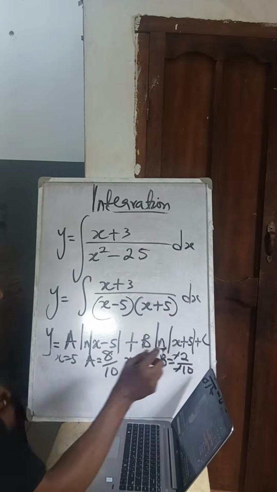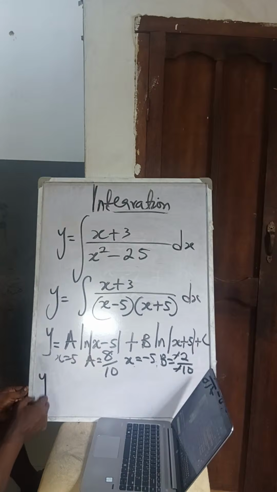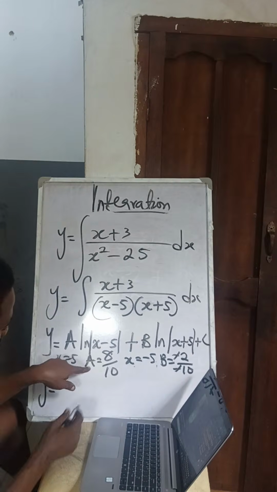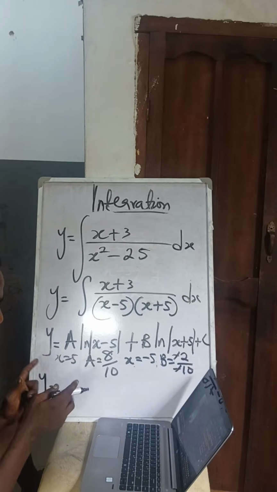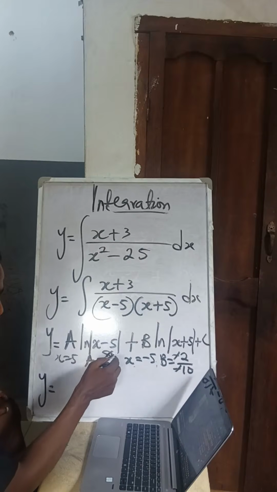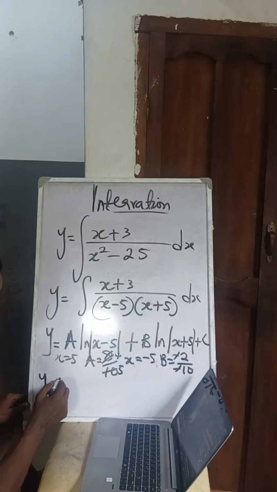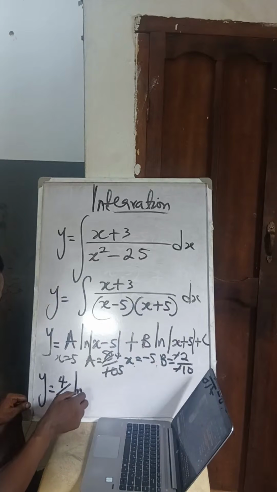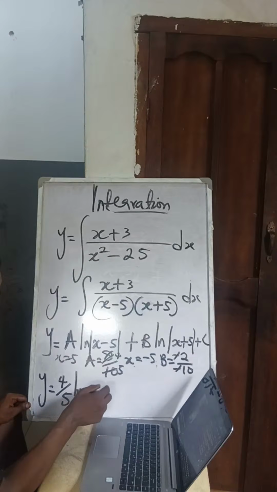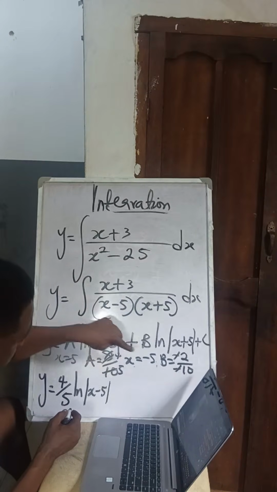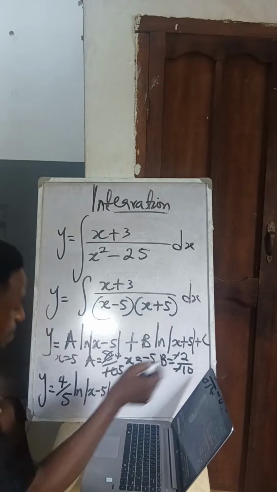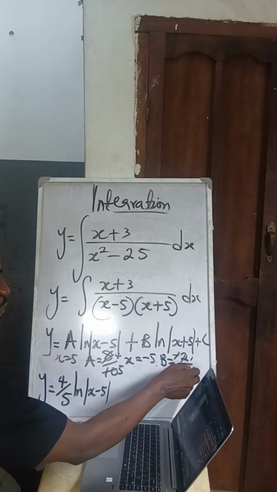So this cancels out this. Our final solution is A is 8 over 10. If you reduce it, we have 2 into 8, 4, and 2 into 10, 5. So it becomes 4 over 5 in (x minus 5). Then here, 2 into 2, 1, and 2 into 10, 5.